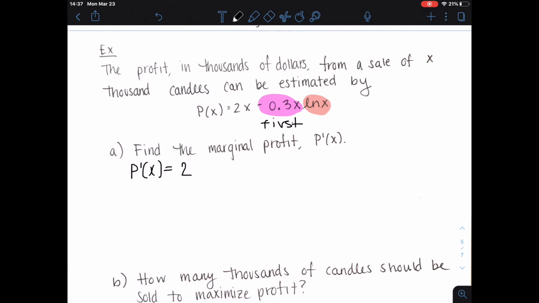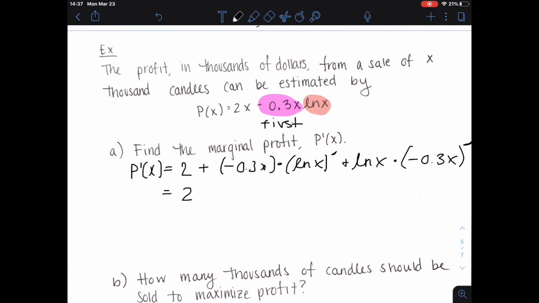So we have to apply product rule. We get the first function, so that's the negative 0.3x, times the derivative of the second function. Then we add the second function times the derivative of the first function, which is that negative 0.3x. Okay. So the derivative of the natural log is 1 over x, and the plus and minus becomes just a minus.